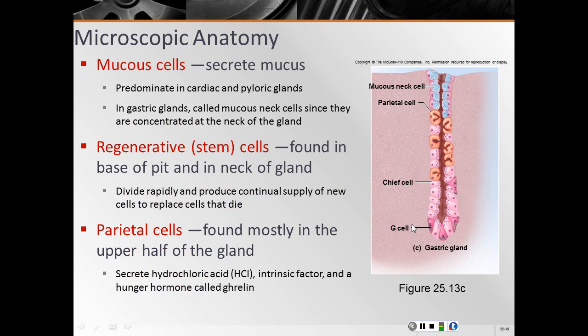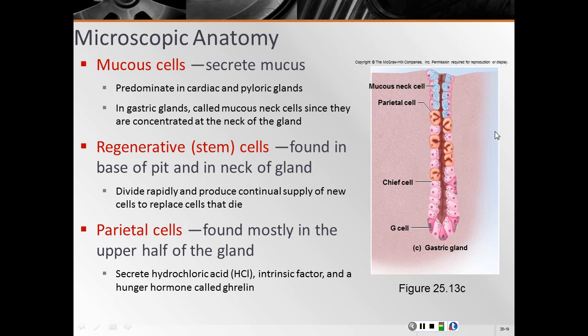Alright, so let's look at the microscopic view of the stomach. We have 3 types of glands in different composition, but they contain the following 5 types of cells. We have the mucus cells, 4 of them are here on this diagram.